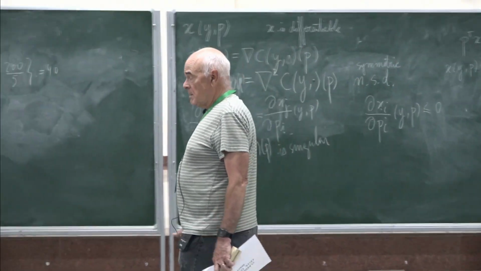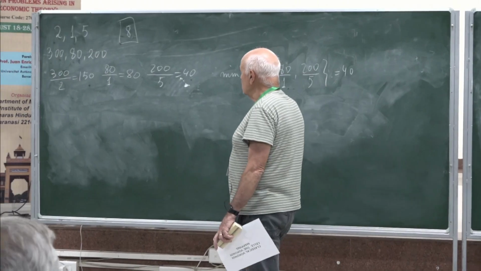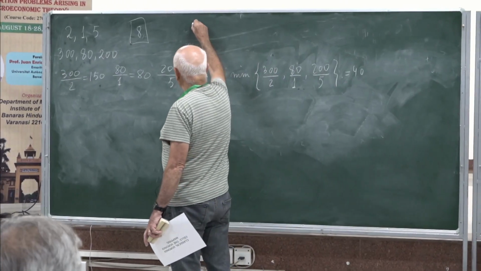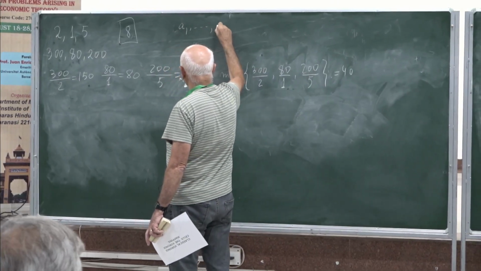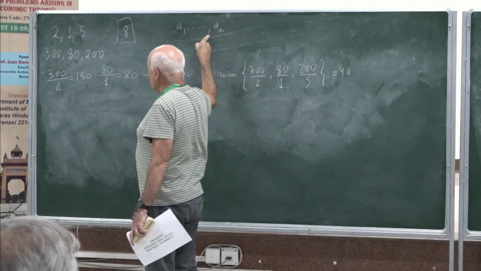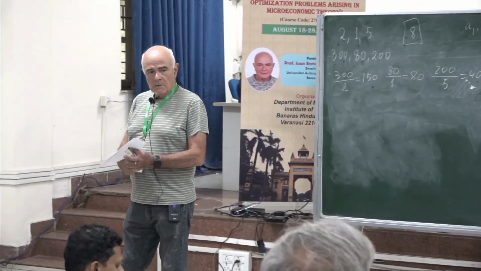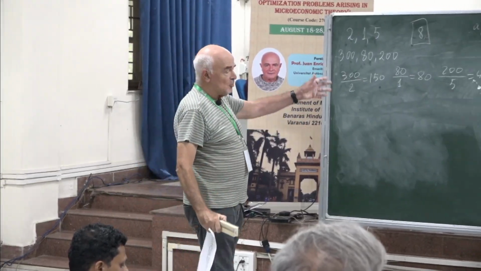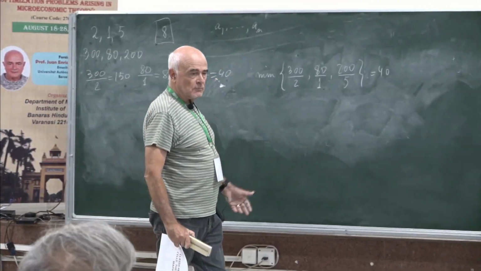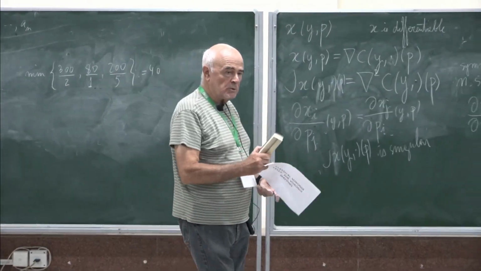Well, this is in general, we would have an input, a1, ..., an, which will play the role of 2, 1, 5 in the example. So I need to use inputs in these proportions to produce 1 unit of output.